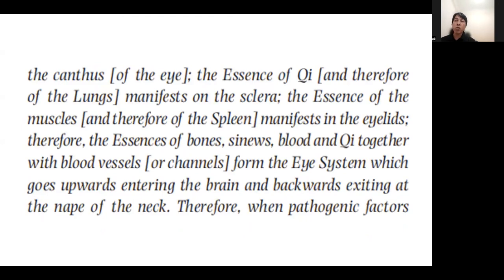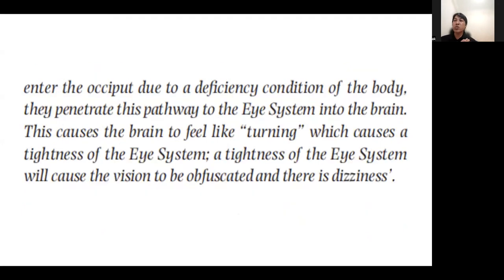Therefore, the essence of bones, sinews, blood, and chi, together with blood vessels or channels, form the eye system, which goes upwards, entering the brain, and backwards, exiting at the nape of the neck. Therefore, when pathogenic factors enter the occiput due to a deficiency condition of the body, they penetrate this pathway to the eye system and to the brain.